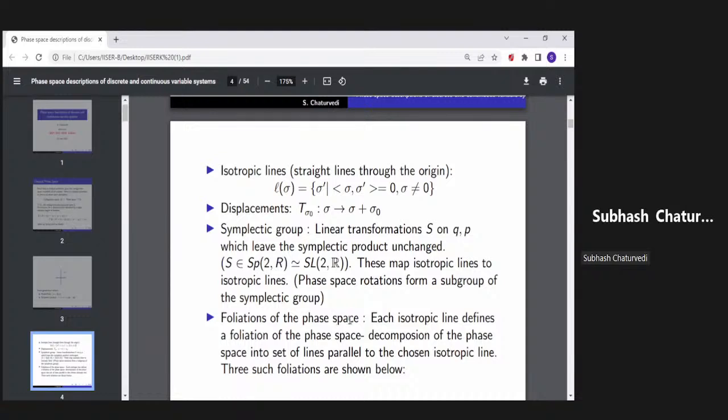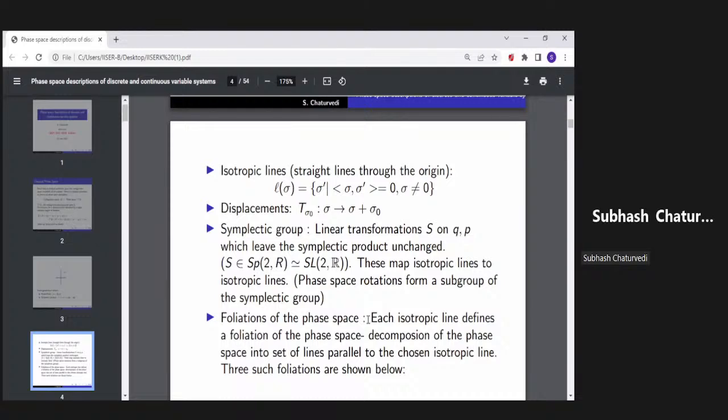Now, take each isotropic line, a line through the origin, and construct sets of lines which cover the entire phase space and are parallel to this given isotropic line. Then you have a decomposition of the phase space into a set of lines parallel to the chosen isotropic line.